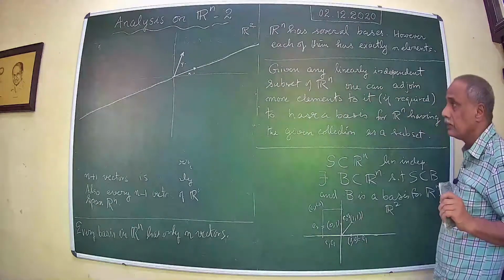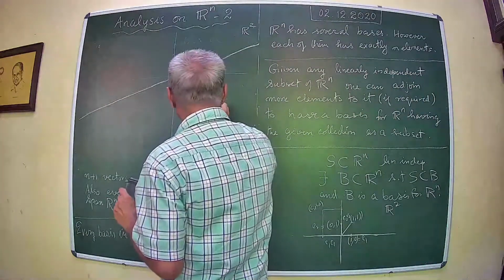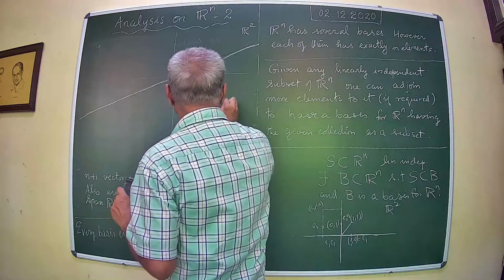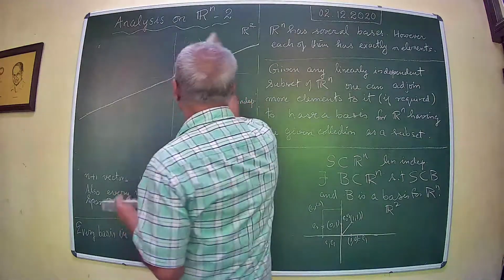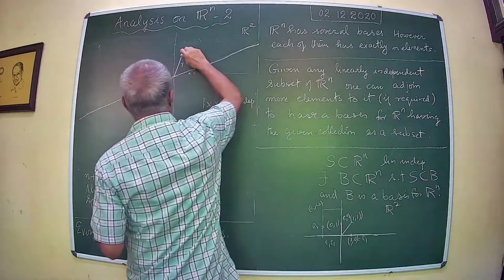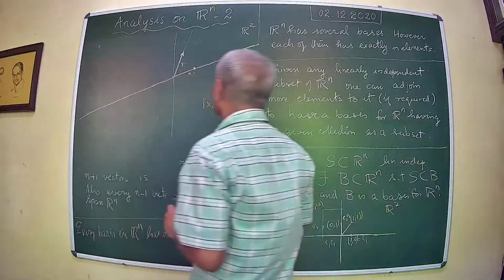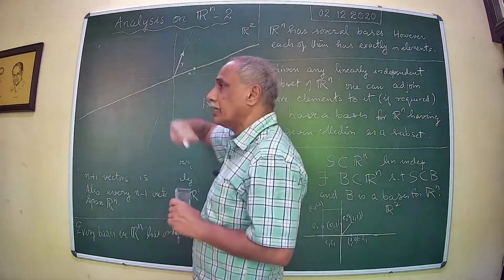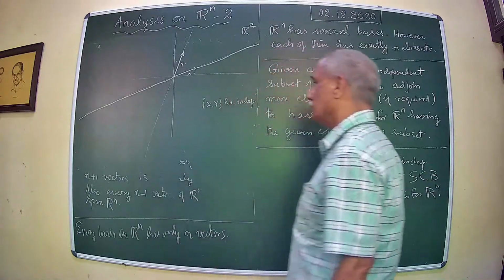What does it mean? It means that x and y are linearly independent. Now you can show that together x and y span the whole space, or this forms a new coordinate system for R2. Okay?